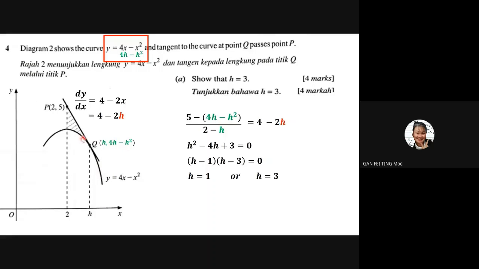Look into this curve. This is a quadratic curve. Quadratic means that we have the axis of symmetry. And when my h is equal to 3, 3 times 4 is 12, 12 minus 9, I get my answer as 3.